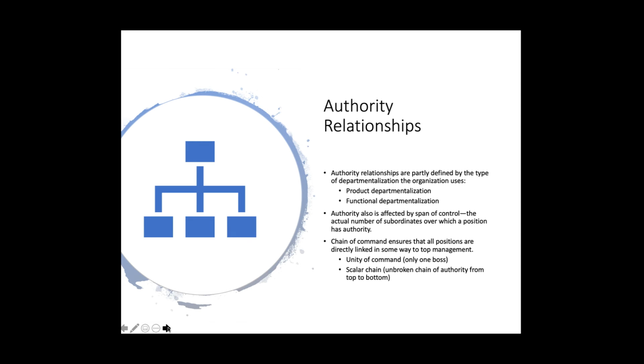Imagine how chaotic it would be if the way that someone developed the org chart, you actually had two different bosses, each of which had reporting authority over you. Well, if on Monday, boss 1 tells you to do this, and then on Tuesday, boss 2 tells you something different, who are you supposed to obey, right? So unity of command is a principle that ensures every employee has one and only one boss.